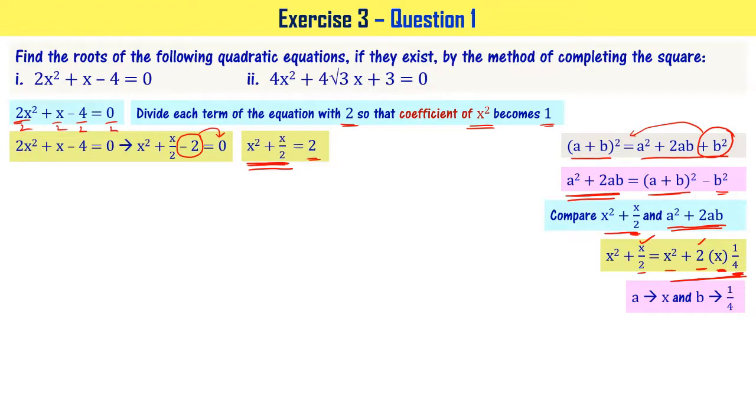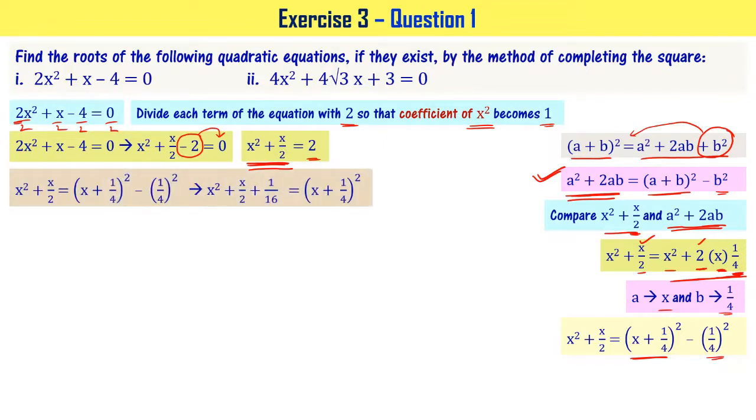Now let's substitute a equal to x and b equal to 1 by 4 into this equation. When you do that, it becomes x square plus x by 2 equal to (x plus 1 by 4) whole square minus (1 by 4) whole square, right? Let me write that.